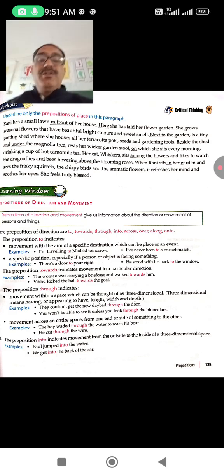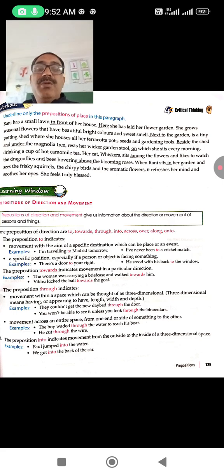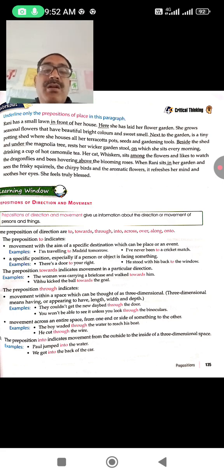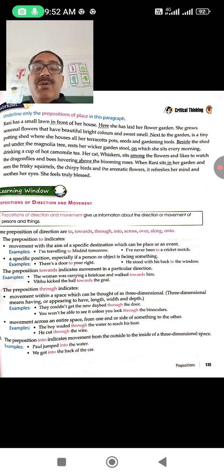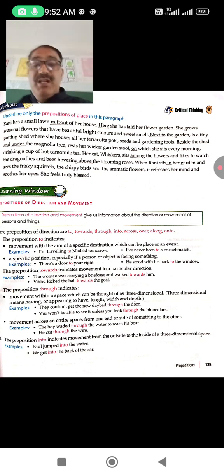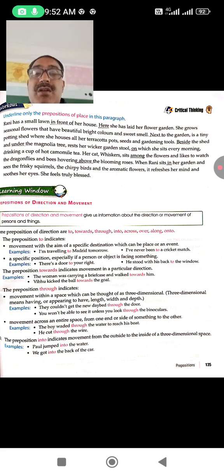You won't be able to see it unless you look through the binoculars. Through also means movement across an entire space from one side to the other. Example, he cut through the wire.